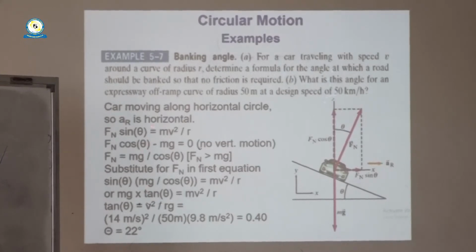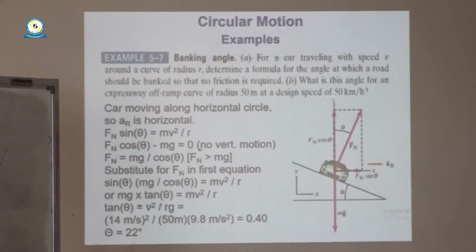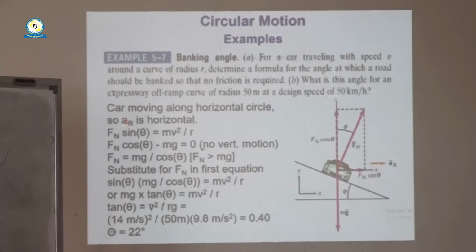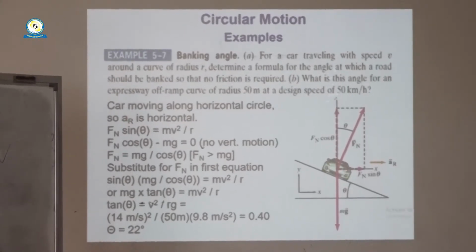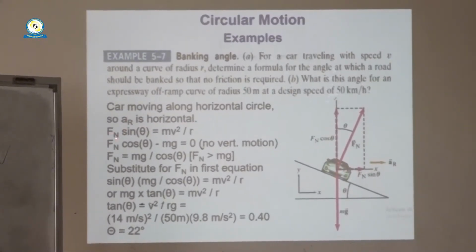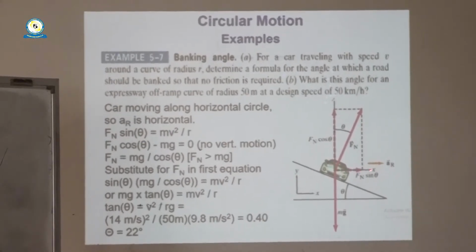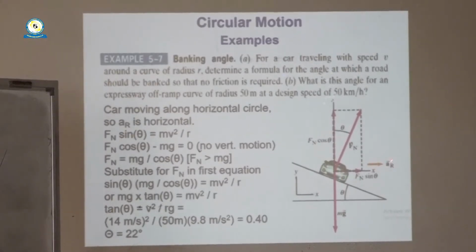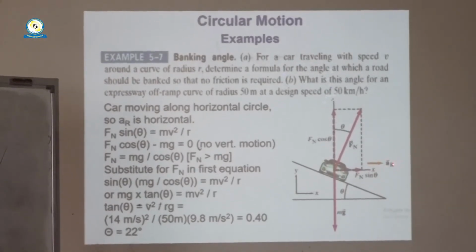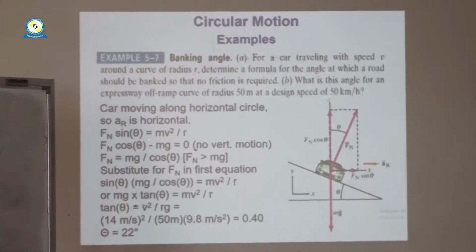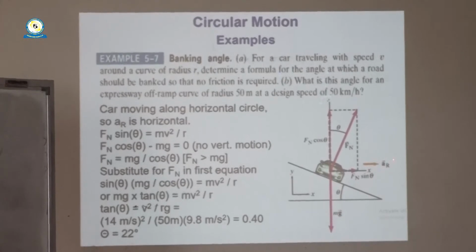Car moving along horizontal circle, so centripetal acceleration is horizontal. Fn sine theta is equal to this component, equal to centripetal force, this one.